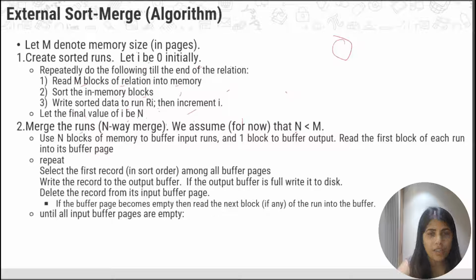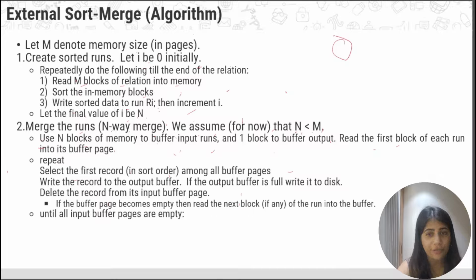Now we merge the runs, whatever runs we have created by sorting, and we assume for now that N is less than M. We use N blocks of memory to buffer input runs and 1 block to buffer output. Read the first block of each run into its buffer page. This is exactly the same method as in the last slide. We repeat: select the first record in sorted order among all buffer pages, and write the record to the output buffer.